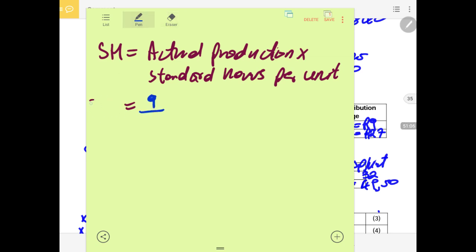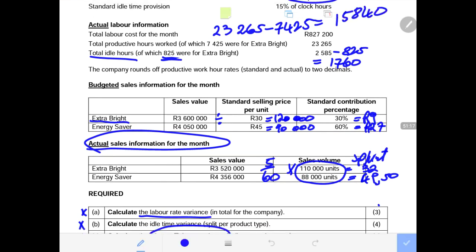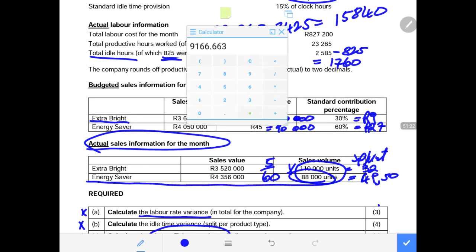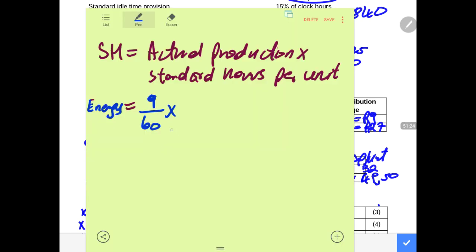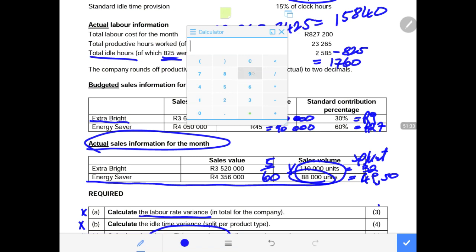So 9 over 60 minutes, multiplied by 88,000 units that were manufactured. 9 over 60 is 0.15 hours.